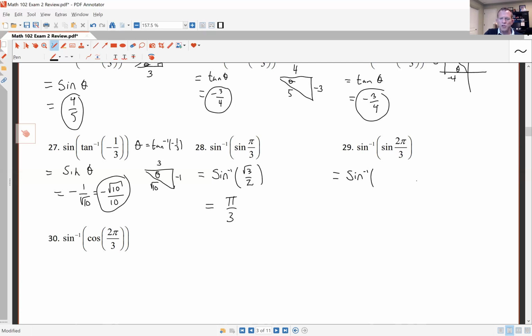The sine of 2 pi/3, that's 60 degrees in quadrant 2, and the sine is positive there, and the sine of 60 is root 3 over 2. But remember, we just said the inverse sine of root 3 over 2 is pi/3, not 2 pi/3. So you got to be careful with these.